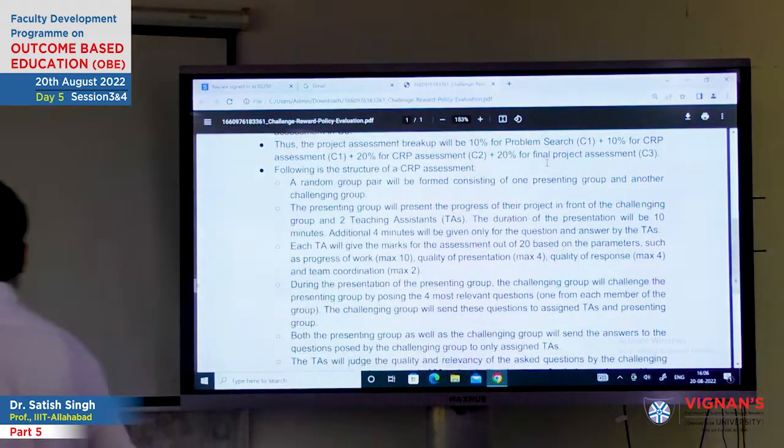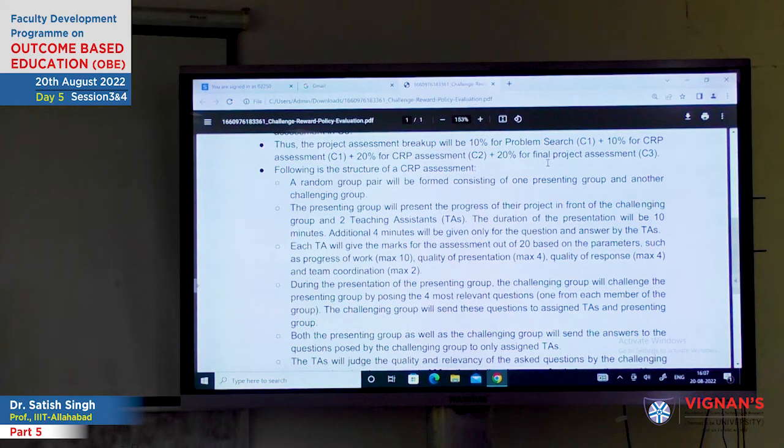Each TA will give marks for the assessment out of 20 based on parameters such as progress of work, maximum 10, quality of presentation, maximum 4, quality of response, maximum 4, and team coordination, 2. If we distribute this way, normalization takes place, and at the same time different things are assessed. This is done by the TAs.